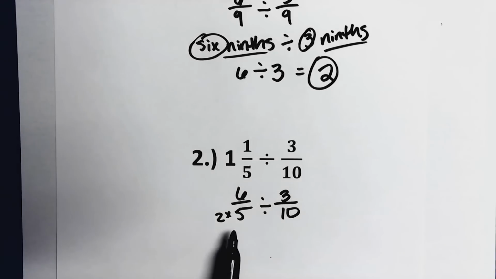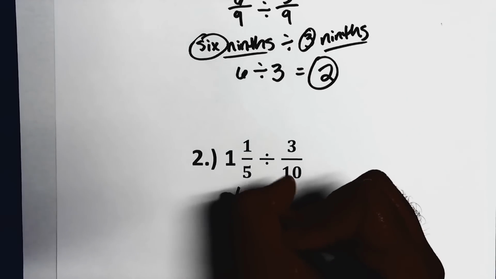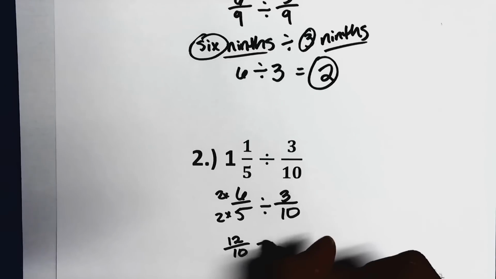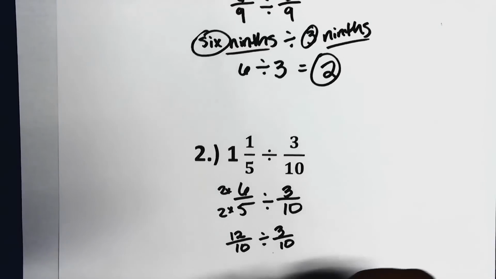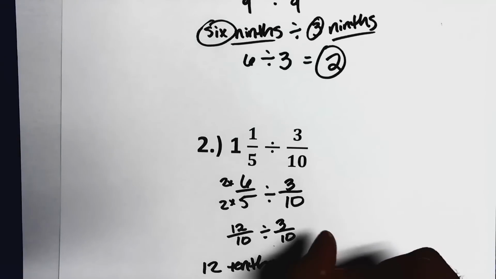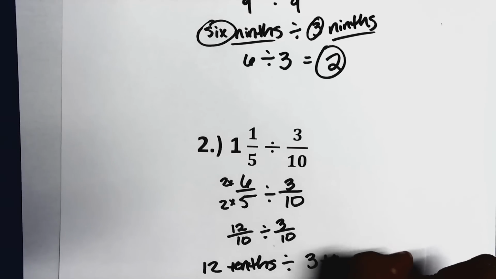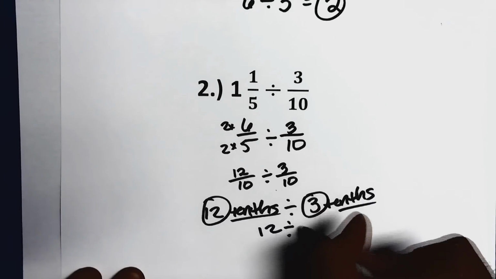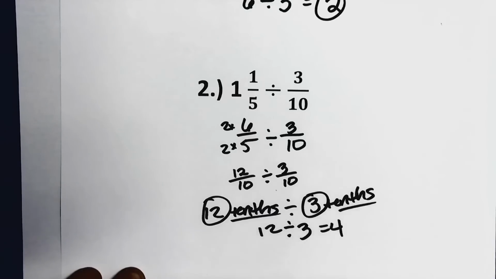And since I did it to my denominator, I'm going to make sure I do it to my numerator. That's going to give me 12 tenths divided by 3 tenths. So that'd be 12 divided by 3, which is going to be 4. Good job.